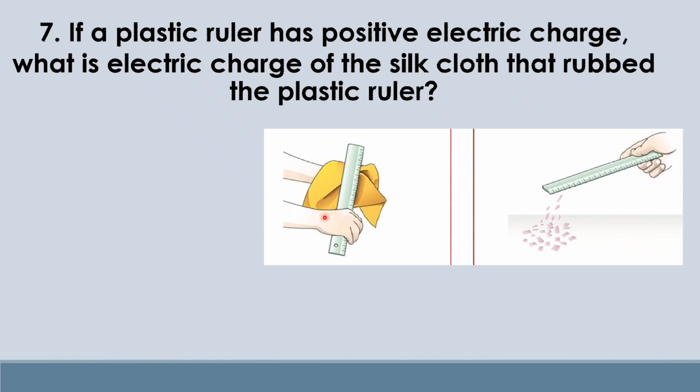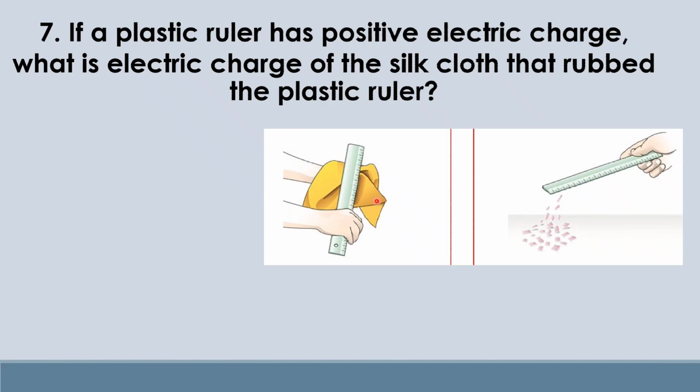For example, this is the silk cloth and this is the ruler. The time you rub it, the plastic ruler changes when you rub it with the silk cloth, meaning the electrons transfer from the cloth to the ruler. So the electrons will be transferred to the ruler. What will happen to the silk cloth?